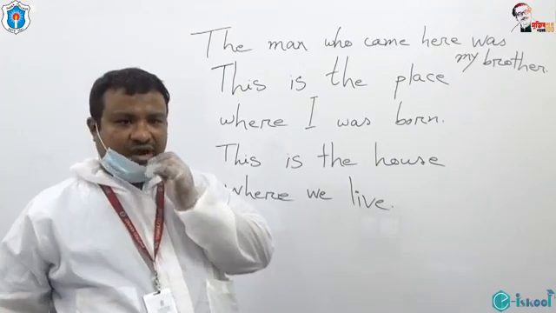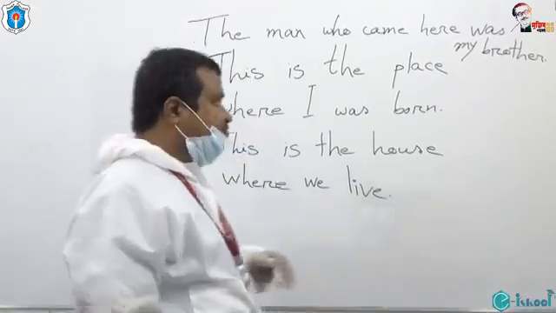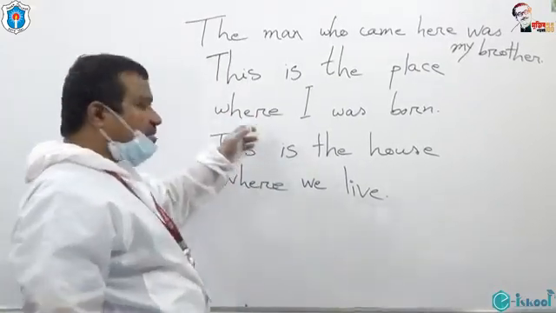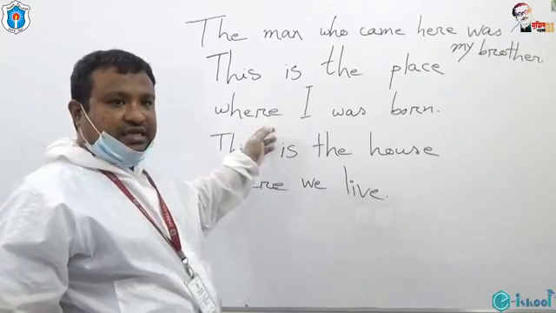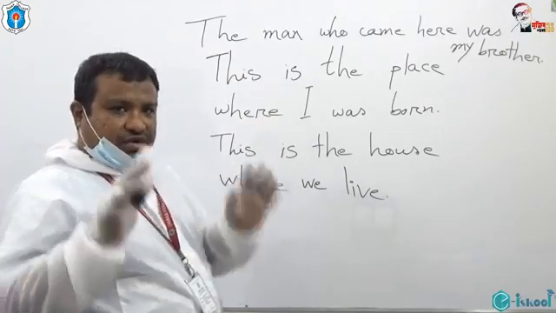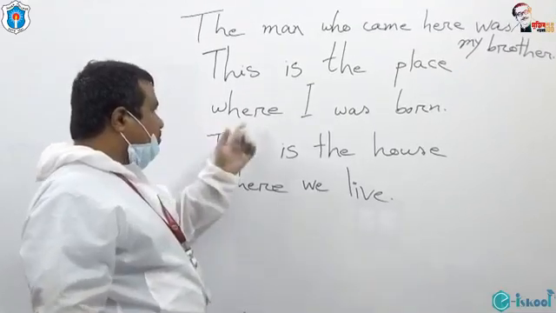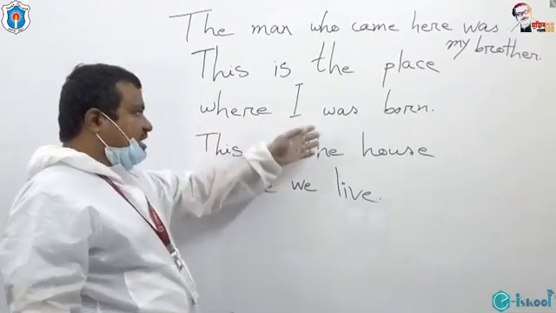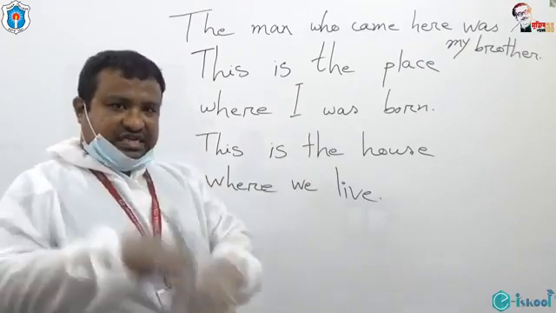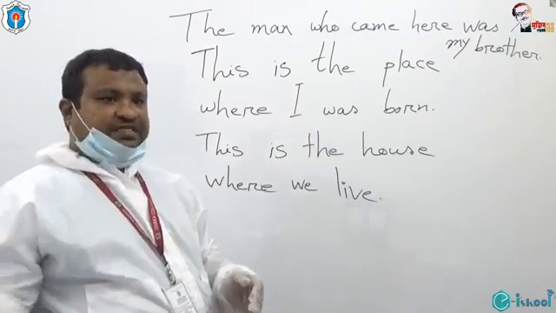But what we can say is we must focus upon the unity of the meaning, the coherence of the sentence. Because when we say this is the place where I was born, it's an event which happened in the past.